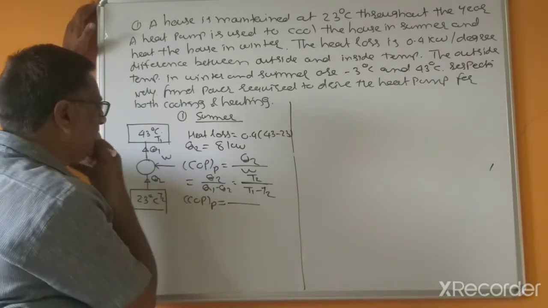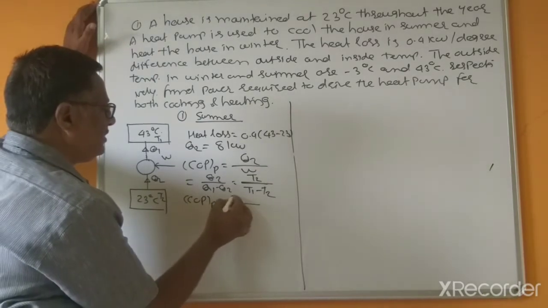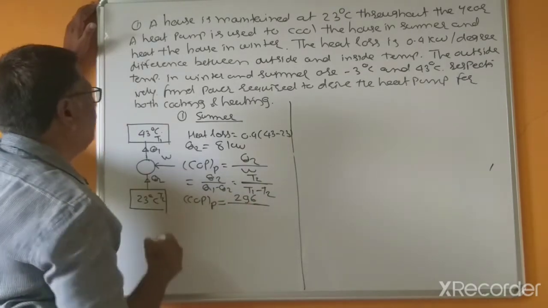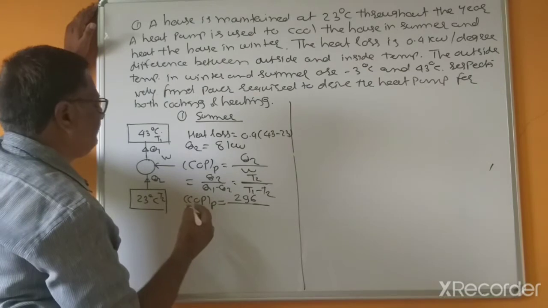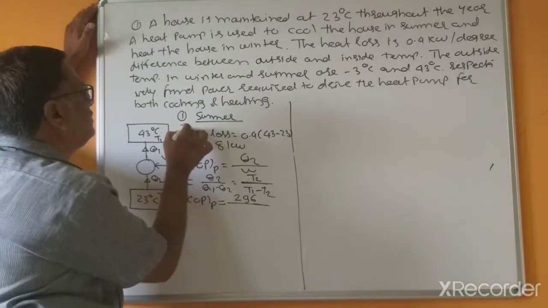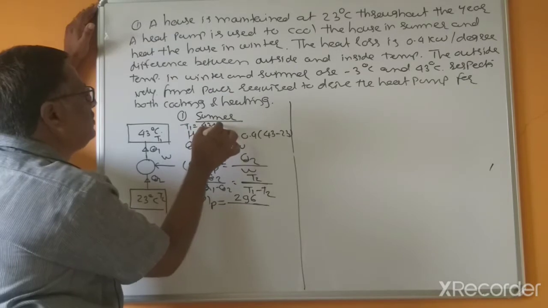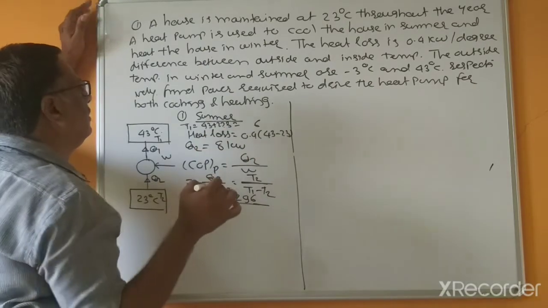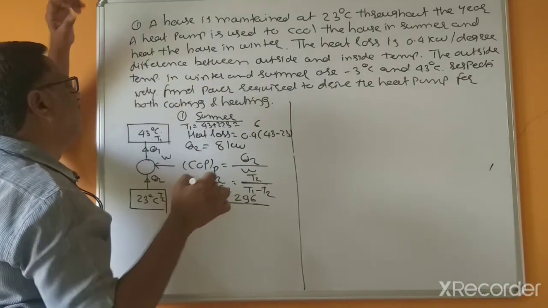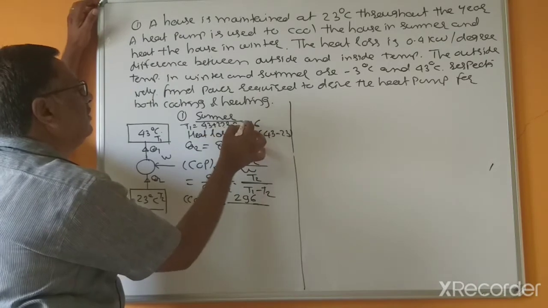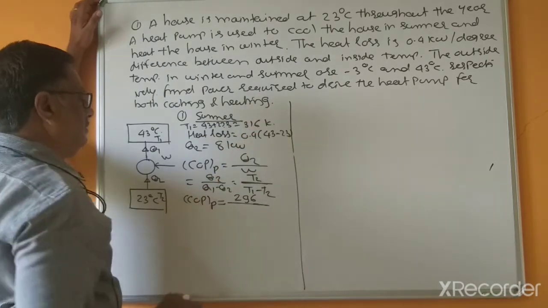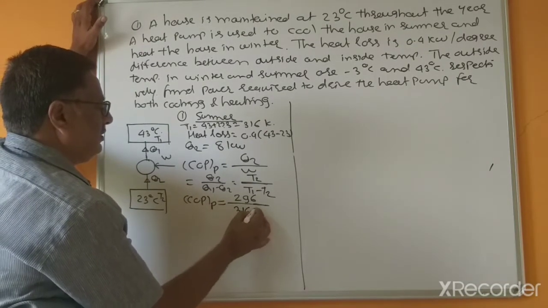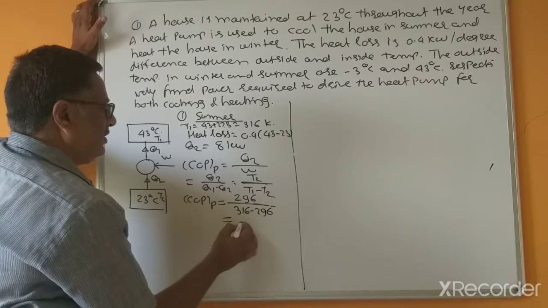T2 is 23 degrees centigrade, which is 23 plus 273, 296 Kelvin. T1 is 43 plus 273, 316 Kelvin. So this is 316 minus 296, which is equal to 20.